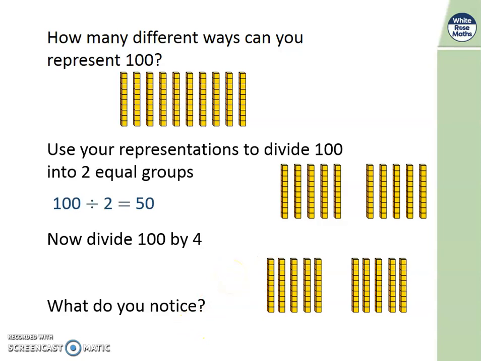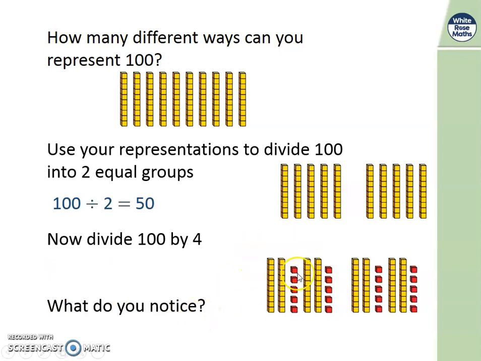If I want to split that into 4 groups, I need to take one of those away. And one of those 10s needs to be exchanged for 10 ones. And I'm going to share those 10 ones between those 2 groups to make it into 4 groups. Take one away, exchange it, and split it.